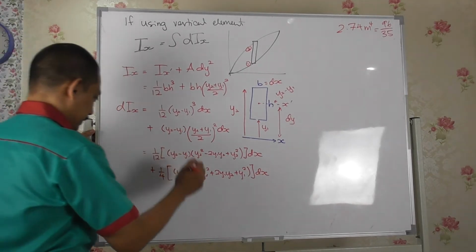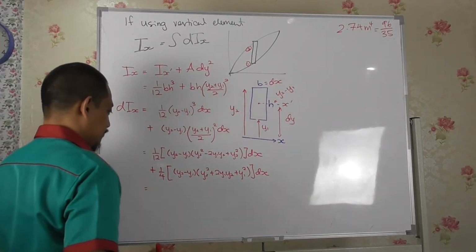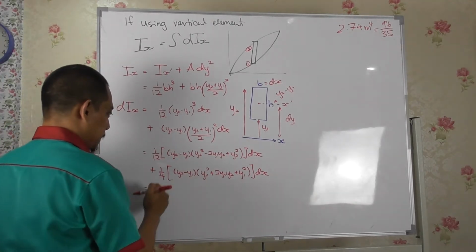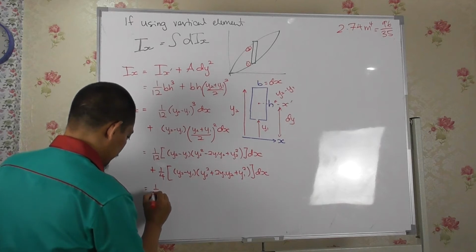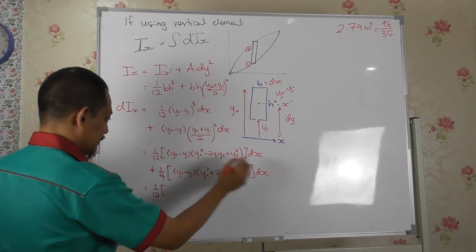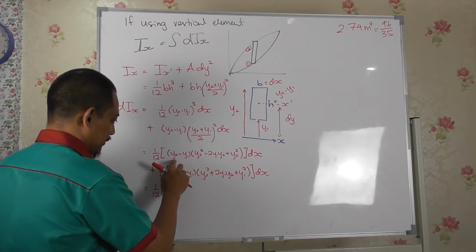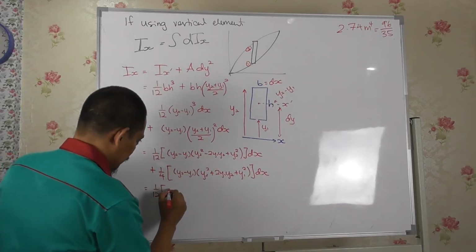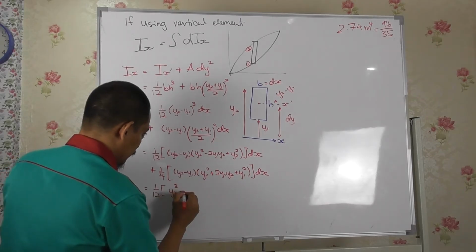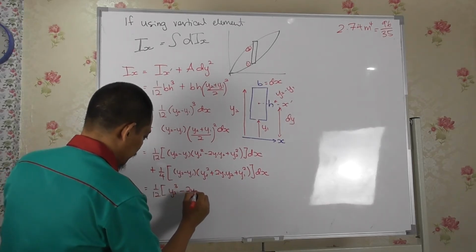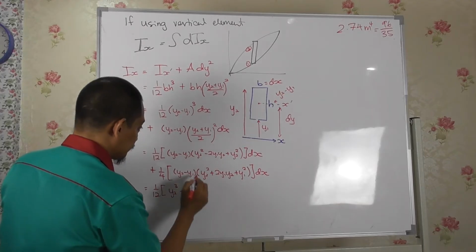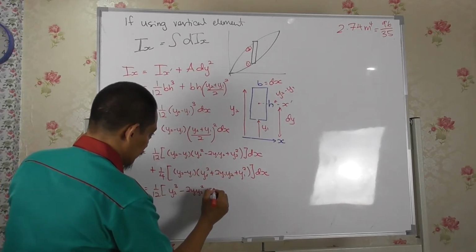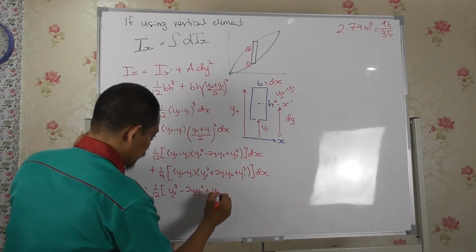Now we have to expand further. 1/12 outside, so we have a long expression here. We multiply by y2 first, so it becomes y2 cube, then minus 2 y1 y2 square, plus y1 square y2.